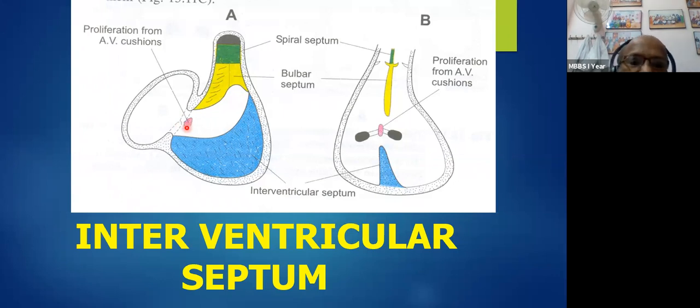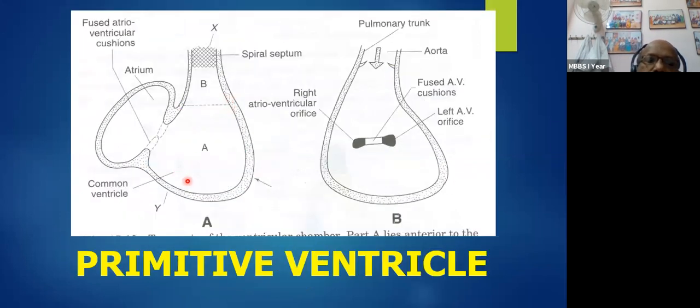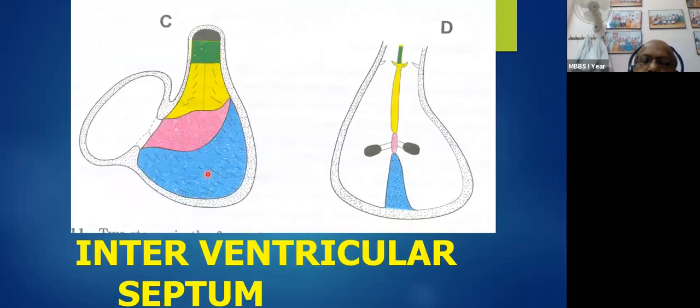There may be a defect in the proliferation of AV cushion, or a defect in the descending down of bulbar septum, leading to a defect in the membranous part. That is called ventricular septal defect. Once the septum is formed, the right and left ventricles get separated. Already I told you the conus is getting absorbed into it. So conus forms your infundibulum and aortic vestibule. So that is the development of interventricular septum and the ventricles.